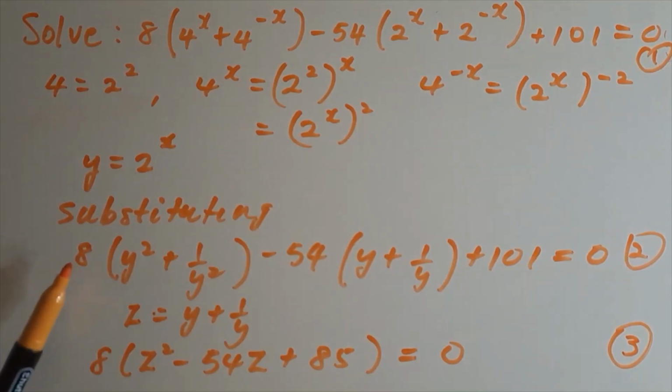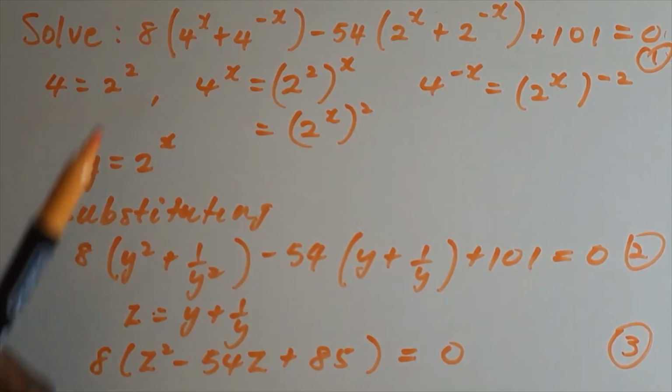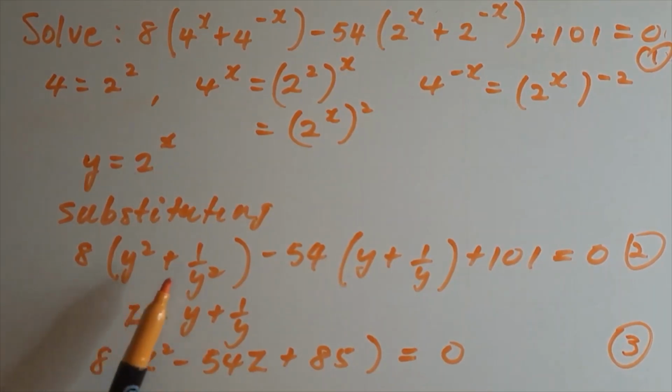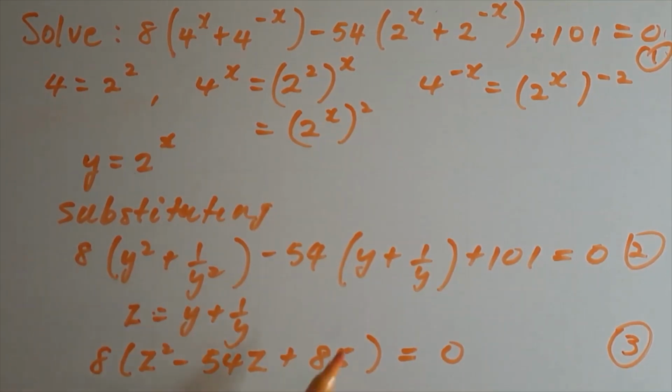So we substitute for y in the original equation, and we make another substitution here for z to simplify this. We have z is y add 1 over y. So y squared add 1 over y squared becomes z squared. And here we have minus 54z.